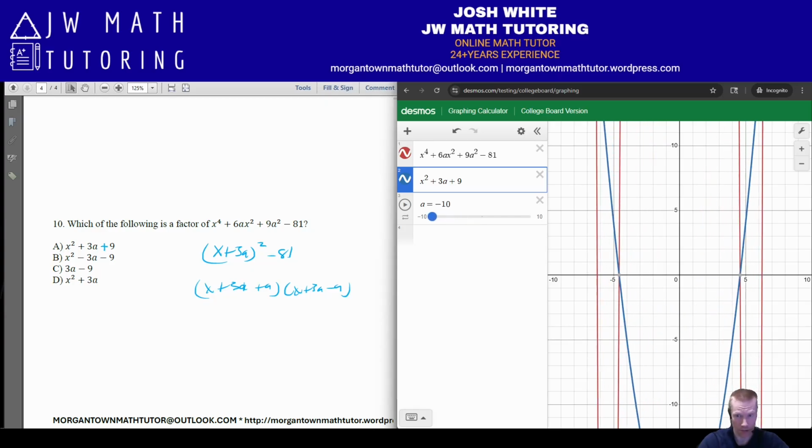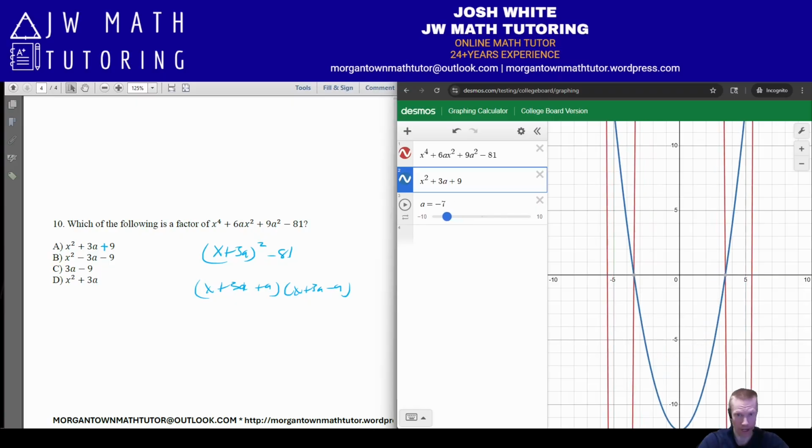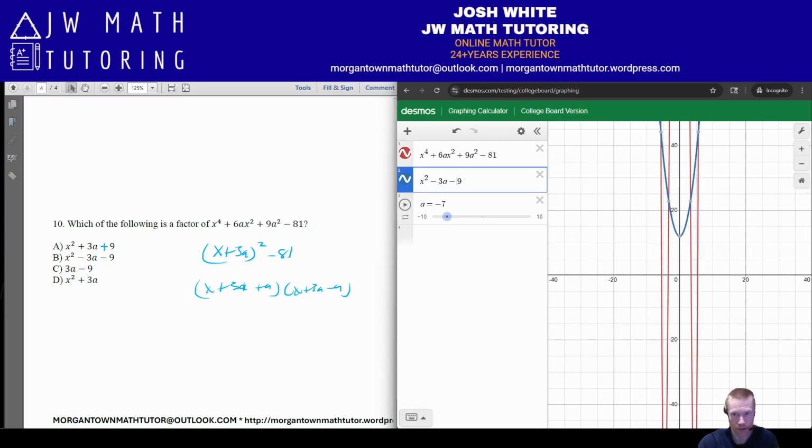You can make this more negative, and you see they're both spreading out. But the point is, this is how you can confirm that yes, a would be a factor. And just to show you that the other ones are not factors here, with a negative value, see it's way up here, not a factor.